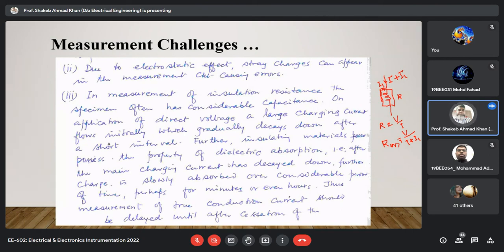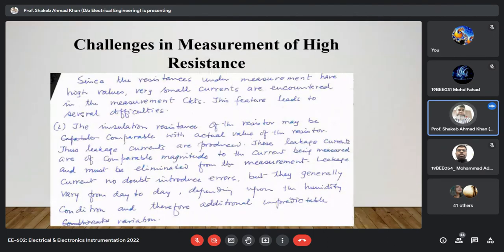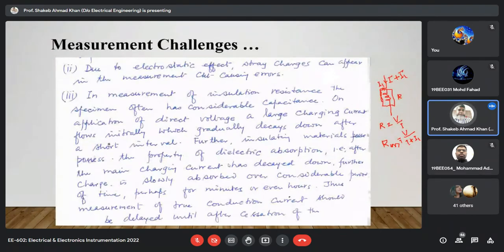So the challenges in measurement of high resistance are basically the leakage current, which is considered a very potential source of error. Whatever method we use, we should have a way to tackle the leakage current. Then stray charges is another issue, then the initial charging current, and finally the dielectric absorption current. The charging and dielectric absorption currents decay down after some time.